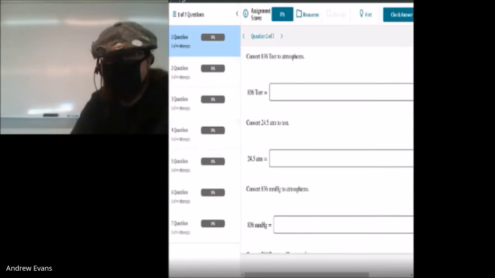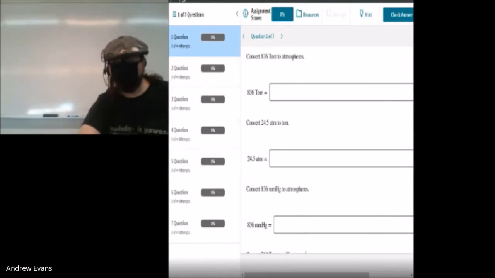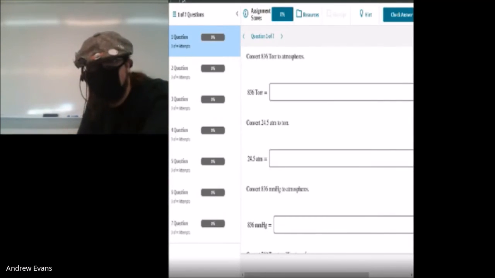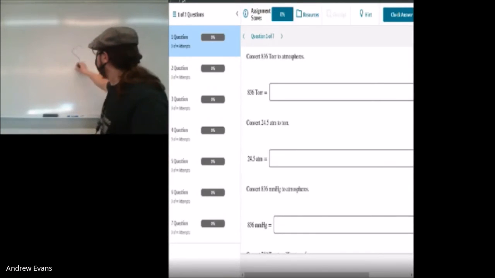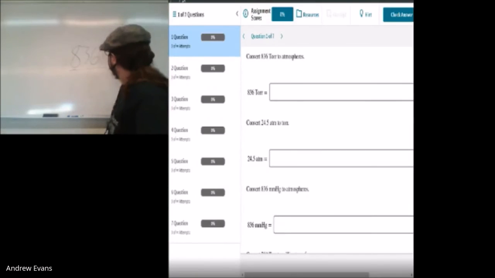We have first 836 torr. So remember, if there's 760 torr in an atmosphere, for 836, we're going to take 760 per 1.